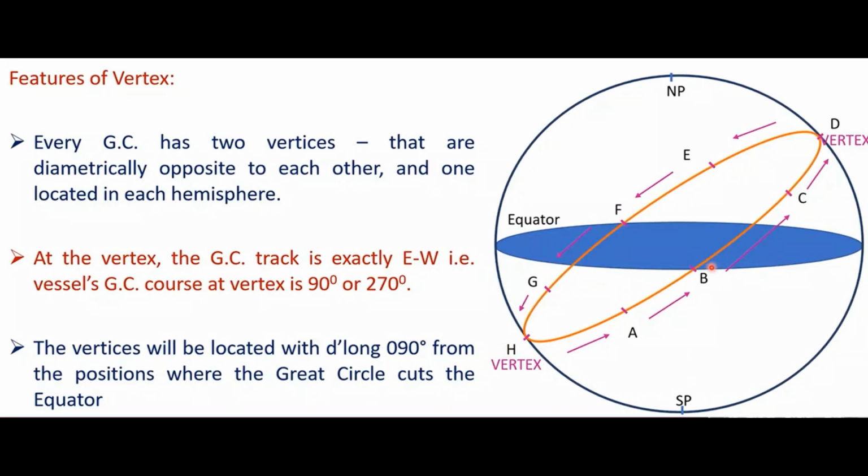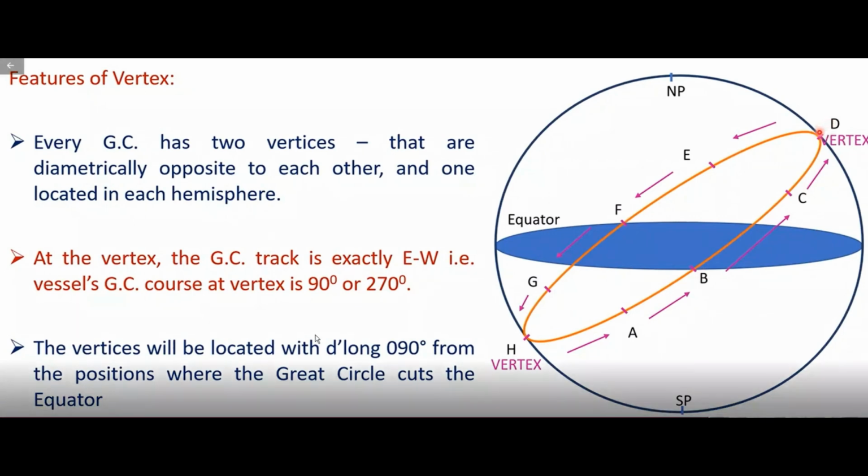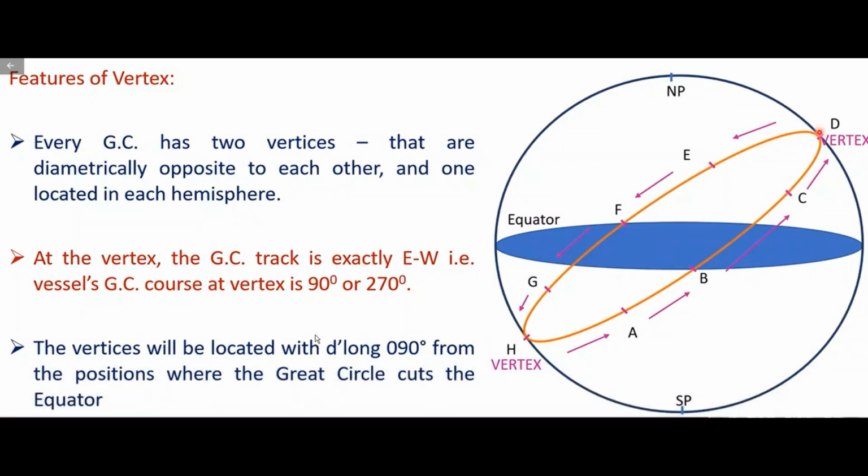It's very simple to understand that. If a vessel starts from B, goes along this great circle track and comes back to point B, the D long is 360 degrees. Now, these points, that is point B, D, F, H, B, they divide the great circle into 4 quadrants. So this is also clear, beta?